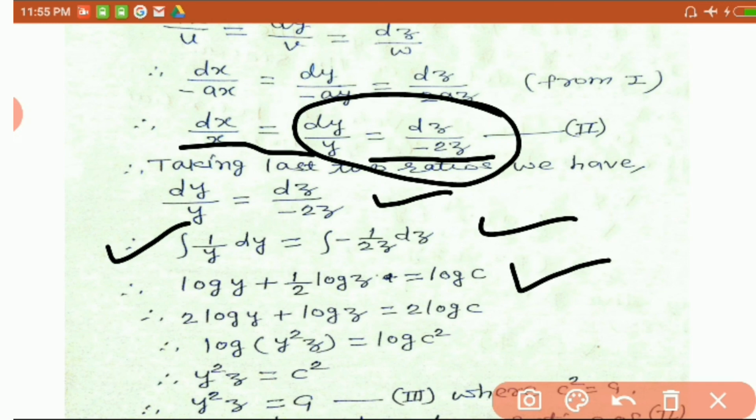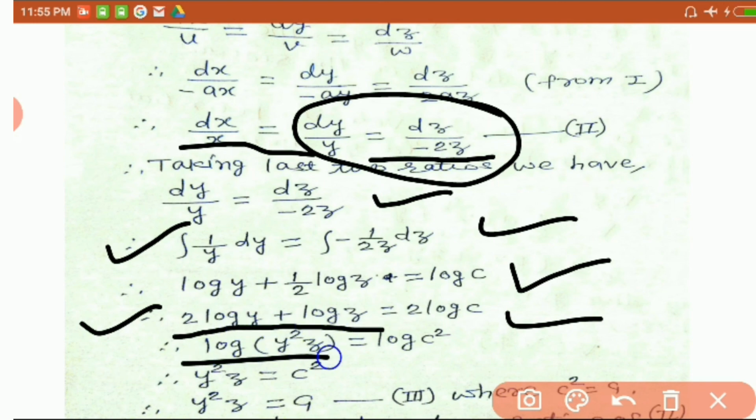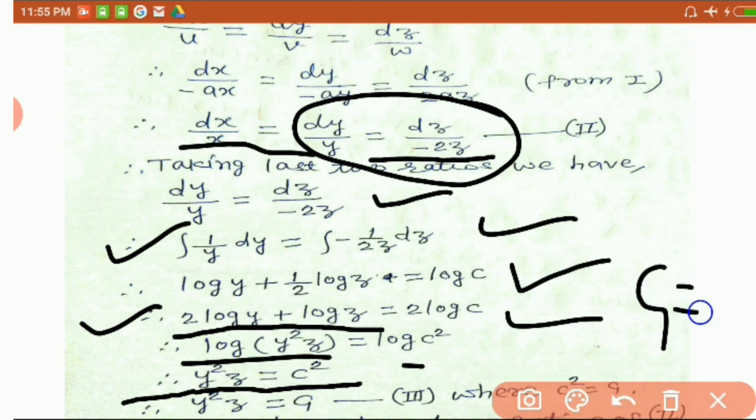So we get 2 log y plus log z is equal to 2 log c. From the rule of log, we get log y square z is equal to log c square, and this gives y square z is equal to c square, where c square is a first constant, that is c1. So y square z is equal to c1.